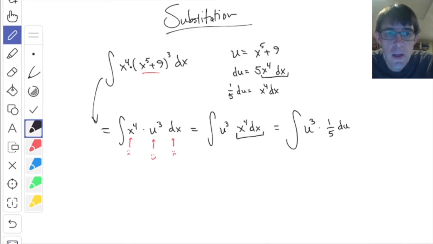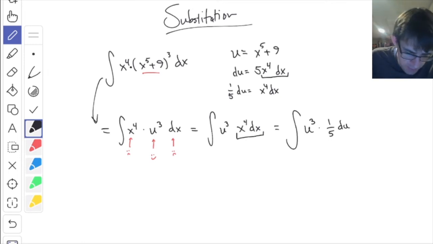I hope, like me, you have been writing the integral sign every time here. I keep on writing the integral sign because I never did the antiderivative yet. All I've been doing so far is just rewriting the inside. And so we have not yet done the antiderivative. The next step is basically to do the antiderivative, but we have this 1/5 on the inside.